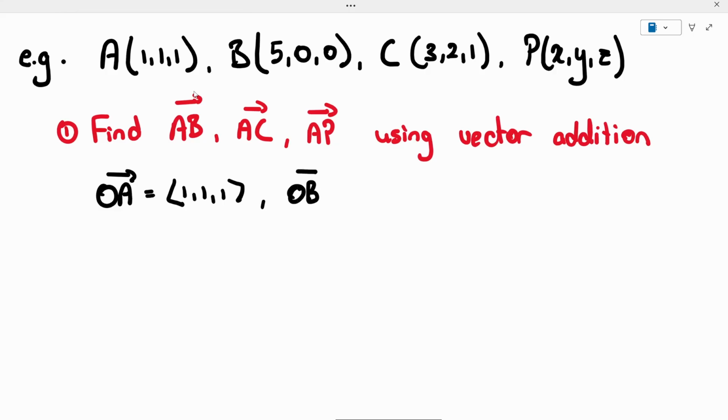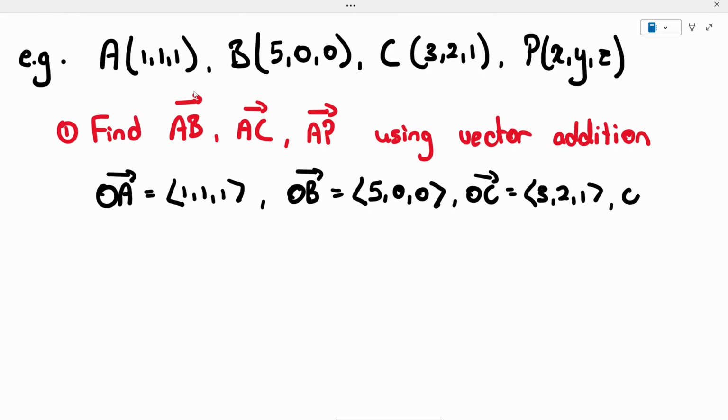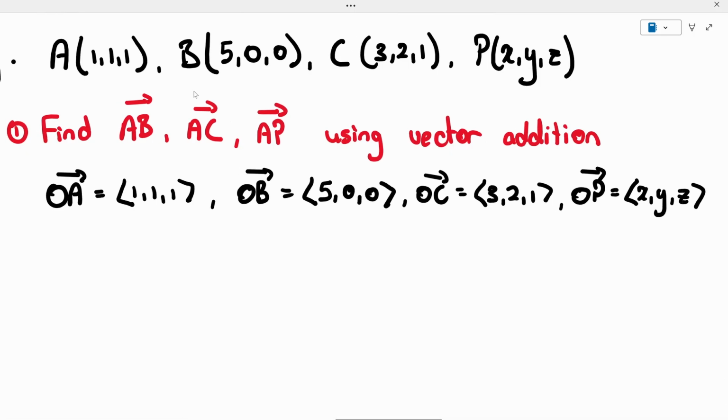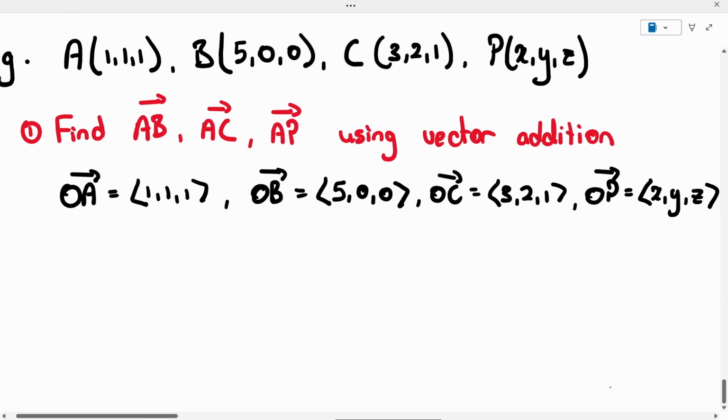OB, 5, 0, 0. OC, 3, 2, 1. These are exactly the same points, right? And OP, well, of course, is XYZ, right? Okay, take a second and use vector addition to try to find AB, AC, AP.